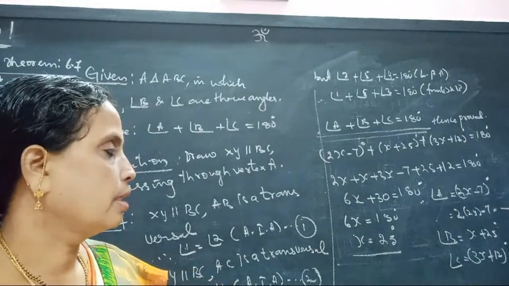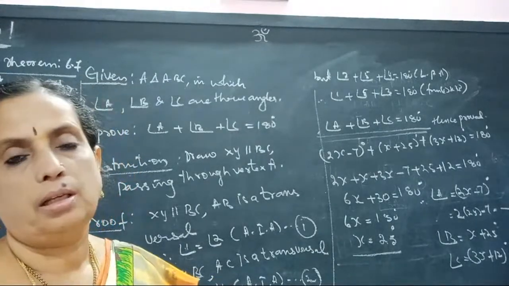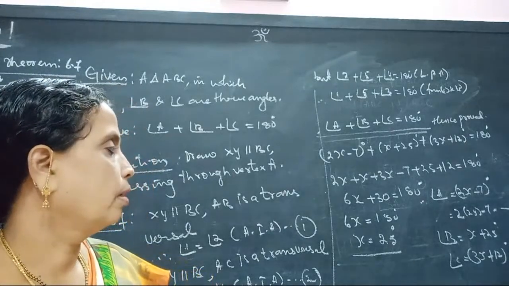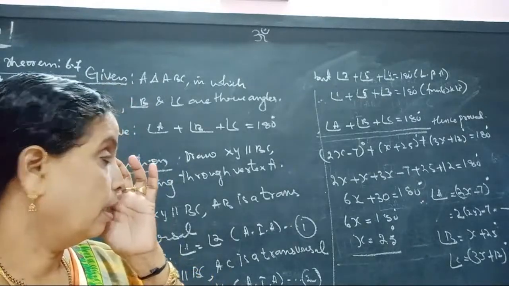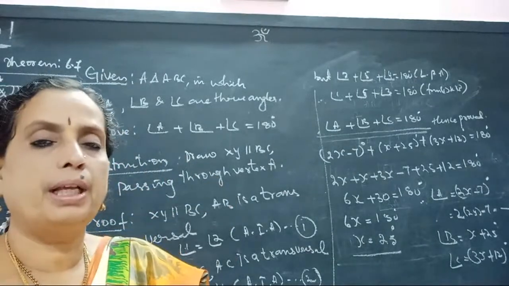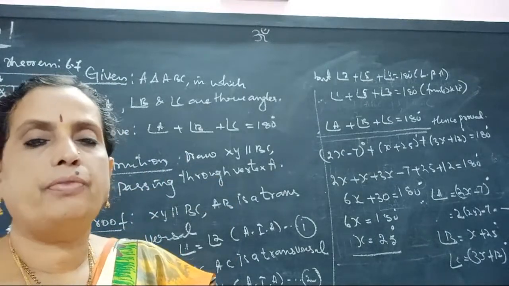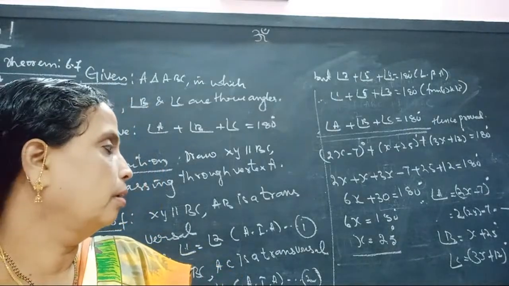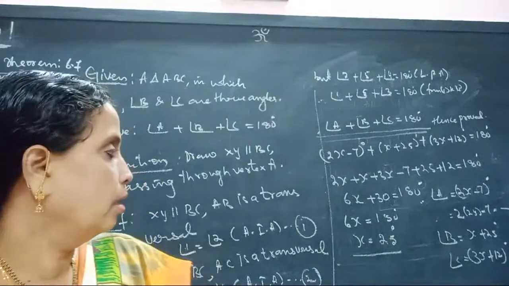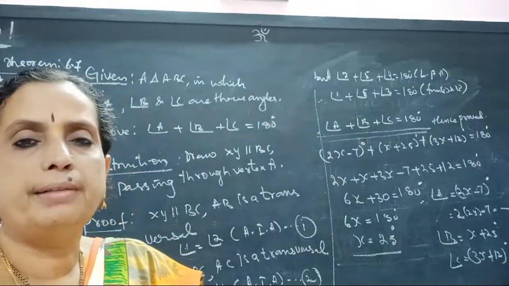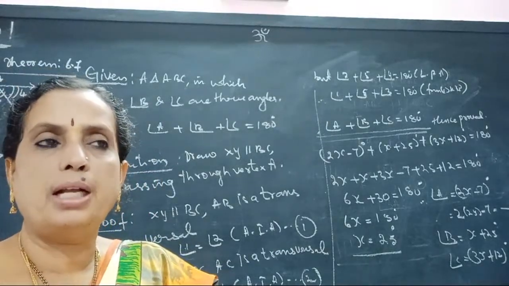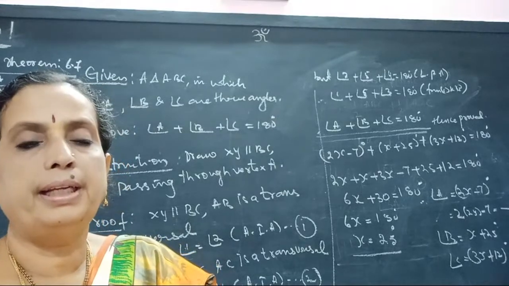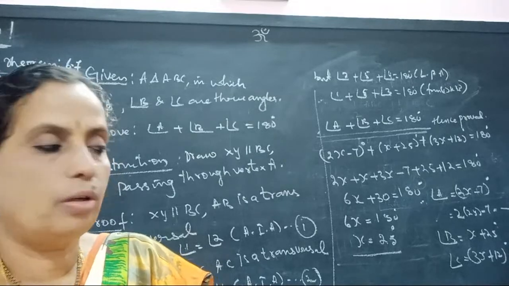Third one, 75 plus 12, 87 degrees. Angle A is 43 degrees, angle B is 50 degrees and angle C is 87 degrees. And adding those three angles, you must get the total of 180 degrees. Have you all got the answer?